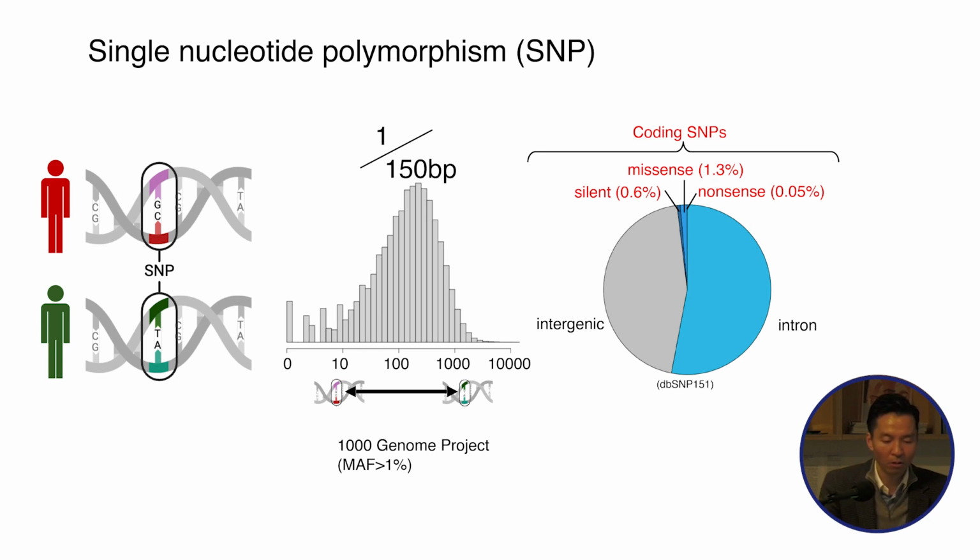The distribution of the distance between two SNPs in the worldwide population with a certain frequency shows that a SNP exists once in 150 base pairs on average. And as we expect, those SNPs within the coding sequence account for only 1 to 2% of the genome, and the others are all non-coding SNPs.